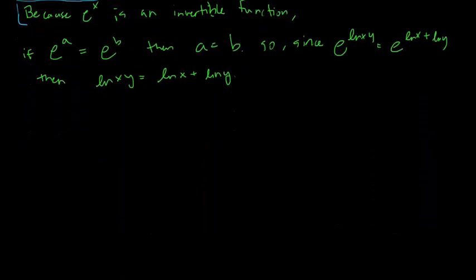Let's look at the second property that we're going to prove. So the second property says that the natural log of x to the a, and here we're taking the natural log of this quantity, is equal to a times the natural log of x. We're going to use the exact same procedure as for the previous proof. What does this first term mean?